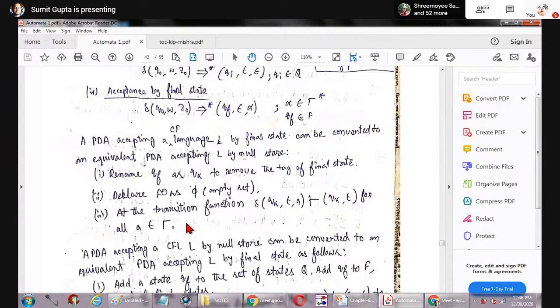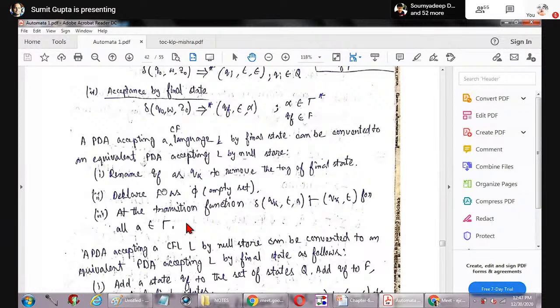What are we trying to achieve from here? This conversion, we are trying to see that if we are having the logic of acceptance by final state and we are converting into acceptance by null store, there is a possibility of doing it. What are we doing? First stage, we are removing the tag of final state from the QF and considering it to be a normal state.